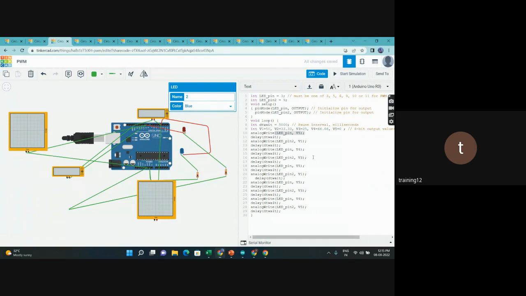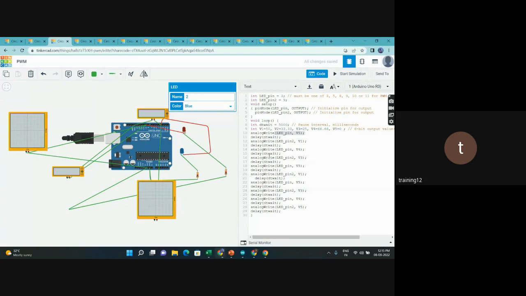Next is 4.3, which means a 66.66 percent duty cycle. Then pin 1 is high. Like that, you see in the oscilloscope the pulse changes. Then 5.1, then 5.3, then 4.5. Likewise, this happens.